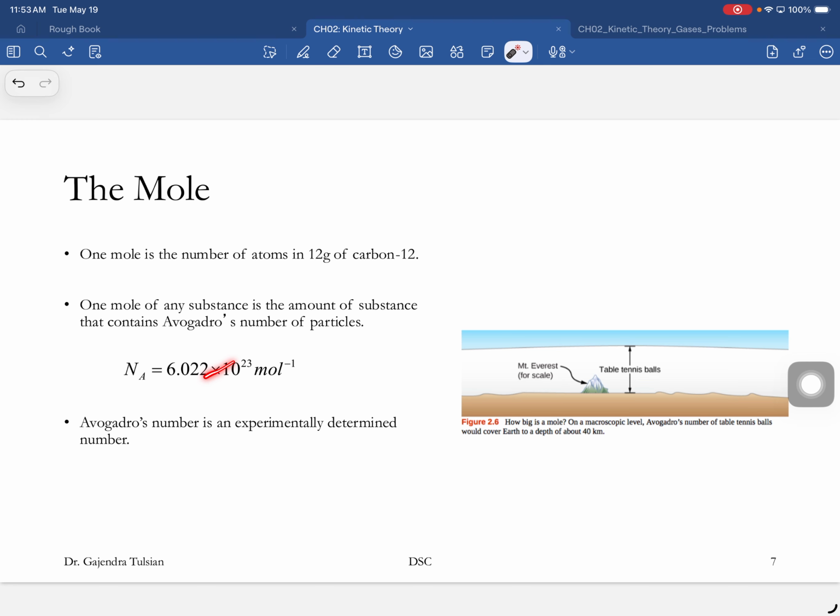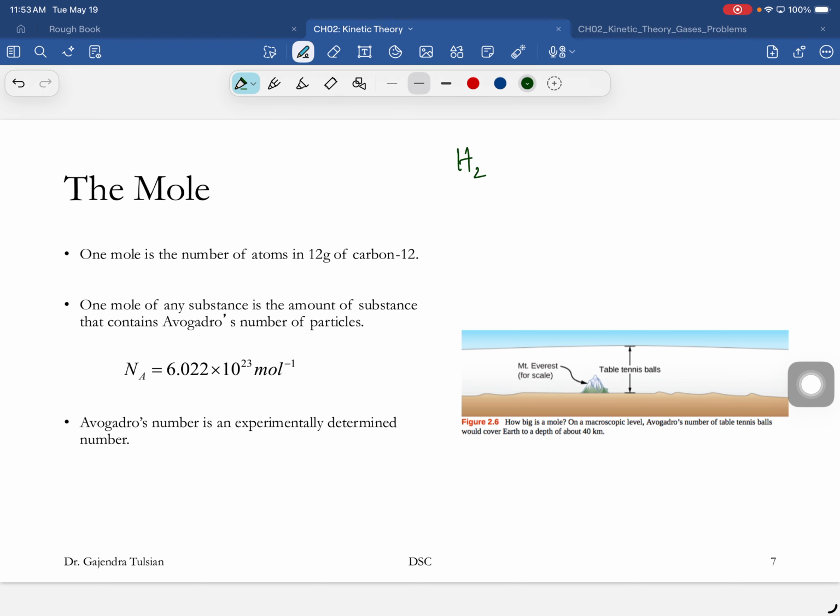So 1 mole of any substance is that many. 1 mole of cars is that many cars. 1 mole of water molecules is that many molecules. So how much is 1 mole of water?